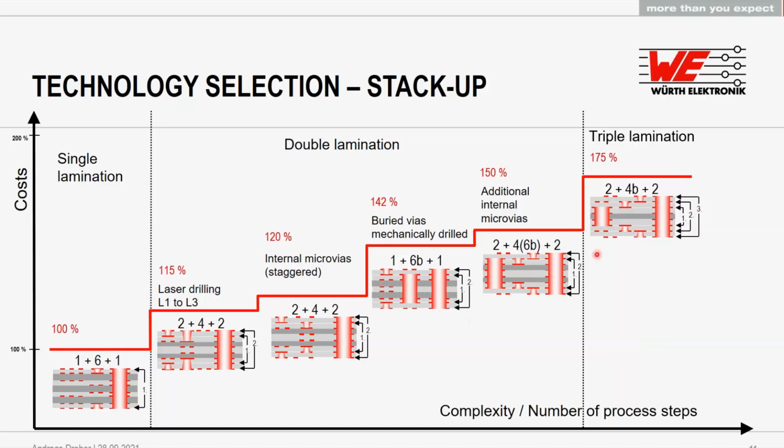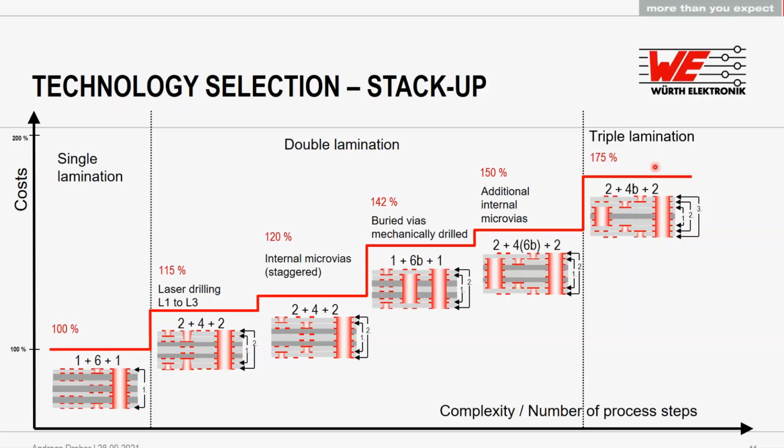If we compare now the price, it is very hard to say absolute price numbers because it's related to the amount of PCBs in the production panels, but you can see here an indication relative, starting with 100% for this simple single layer lamination board. We can see that with more process steps the price increases, but with only a 75% price increase, you can go to the highest possible combination in this case.